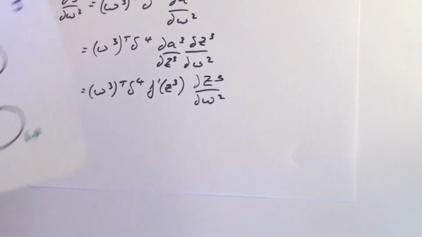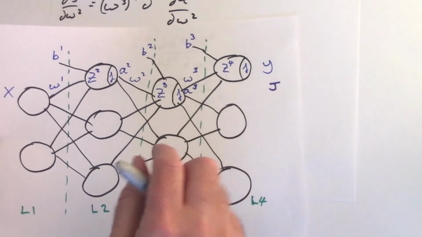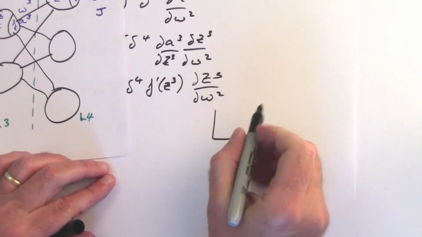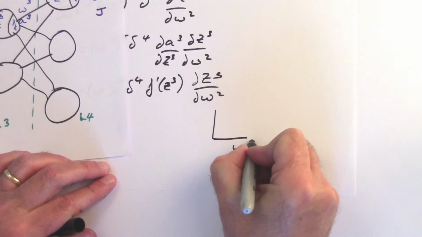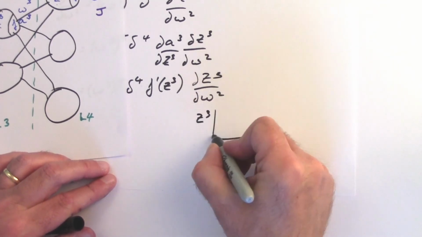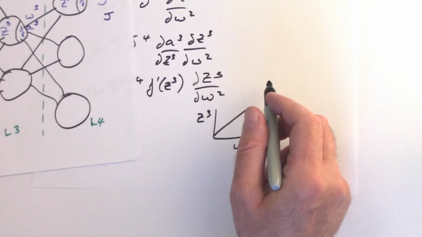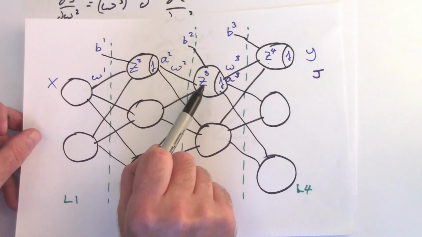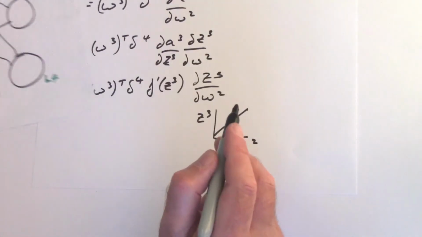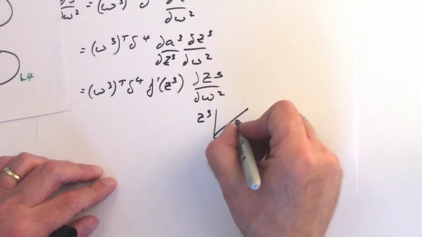So let's have a look at that. dz3 by dW2. If we look at that, we can consider it as W2 along here and z3 at the top. And what's the gradient here? dz3 by dW2, the gradient is simply the activation of our layer 2 neurons.